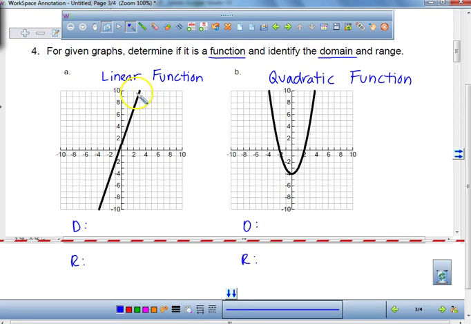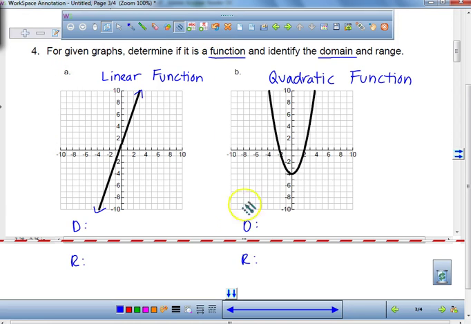When we're trying to figure out what the domain is, you have to ask yourself, what x values are being plotted in a linear function? Now, x values go which direction? Left and right. Alright? Y values go which direction? They go up and down. Okay?